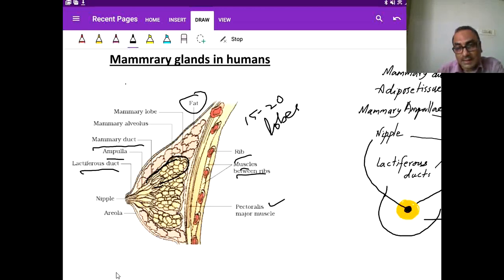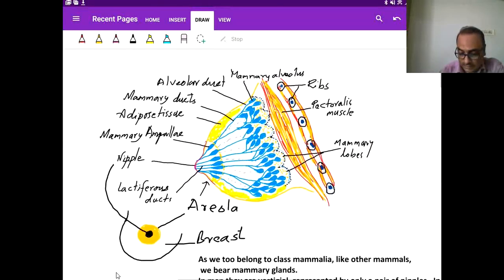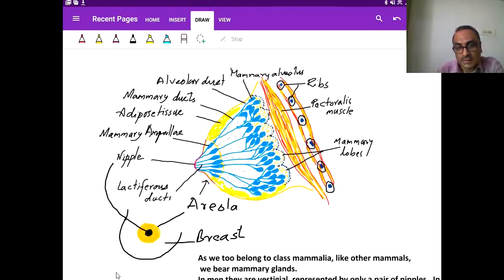Now with another diagram, let us look into the detailed parts of the human mammary gland. I have made it a little bit simpler here, and I have made all the labelings in this diagram.